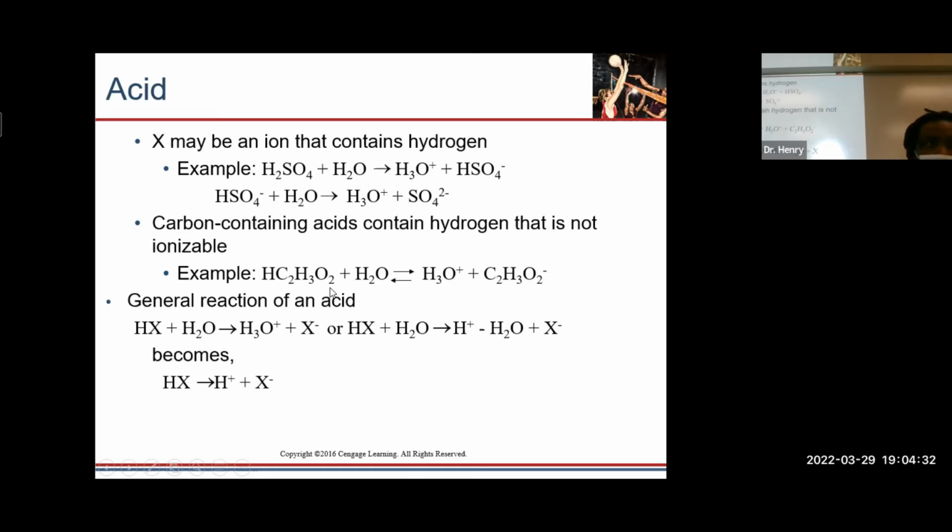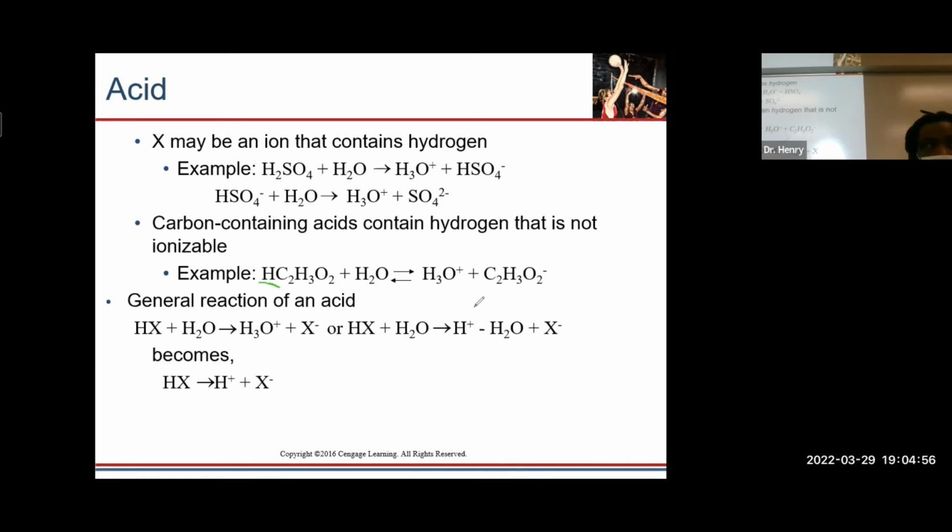So carbon acids are weak acids. They're not going to ionize completely. The bulk of them will be still connected, meaning that the hydrogen stays connected. Only a few of them are going to be able to separate and ionize.